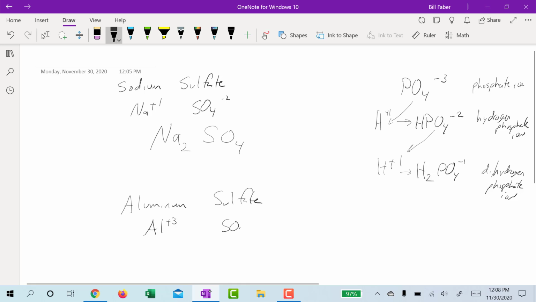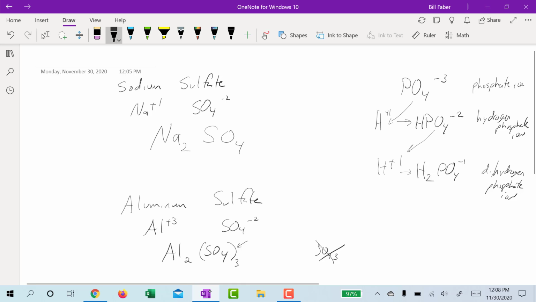And sulfate is SO4 minus 2. So you would have to crisscross: Al2(SO4)3. And if you need 3 of these, you have to put it in parentheses and a 3, because it would be weird if you put SO4 3, then people would think it as SO43, which isn't right. So you have to put brackets around that when you see that.